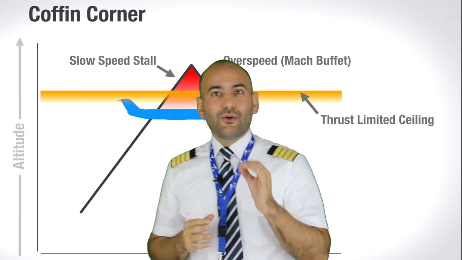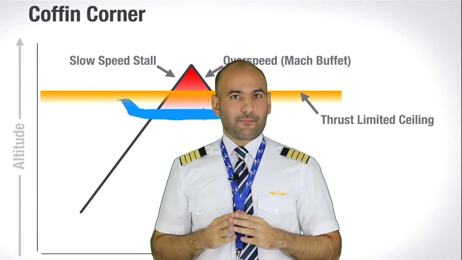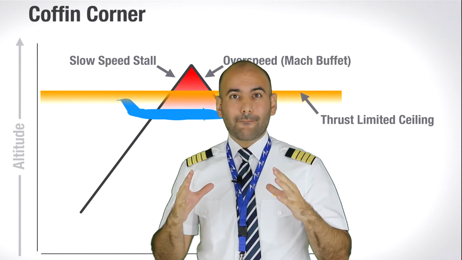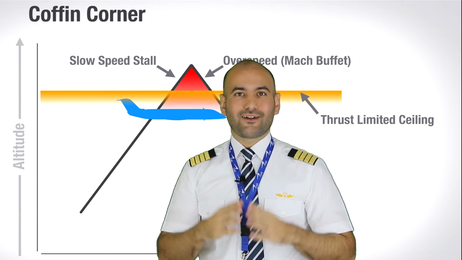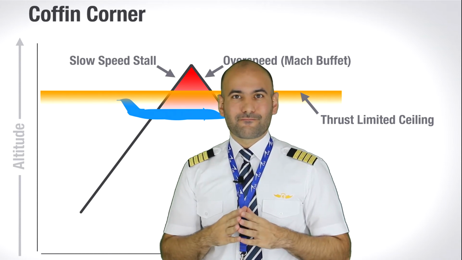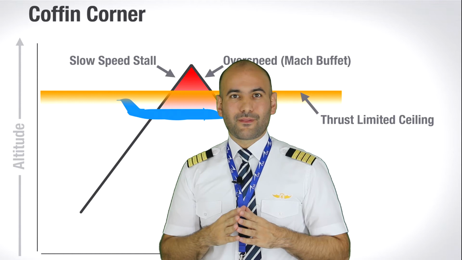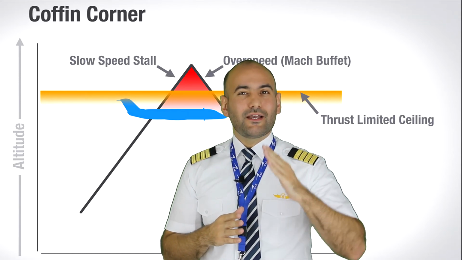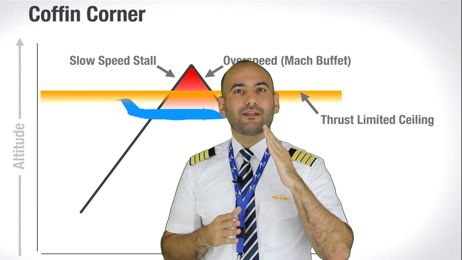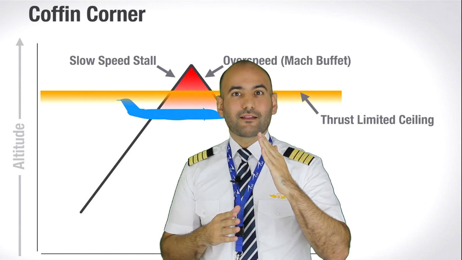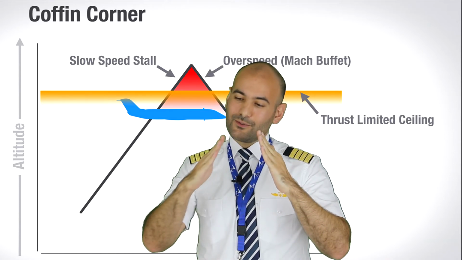Now, you have both keys. Let's put them together and make the conclusion. As altitude increases, slow speed stall increases and high speed stall reduces.